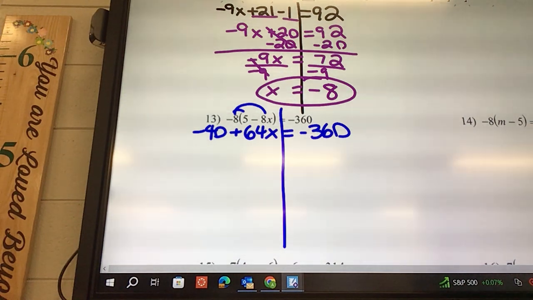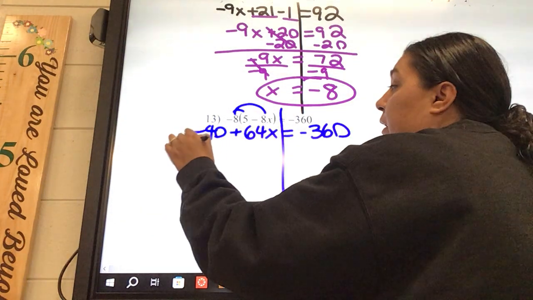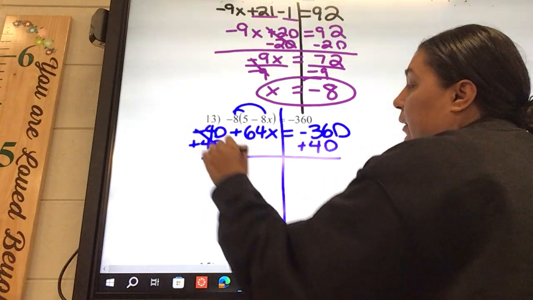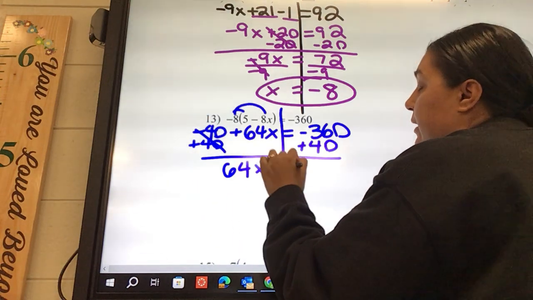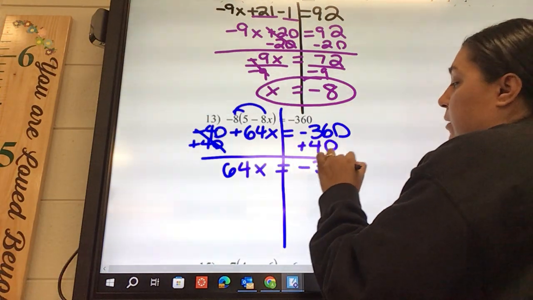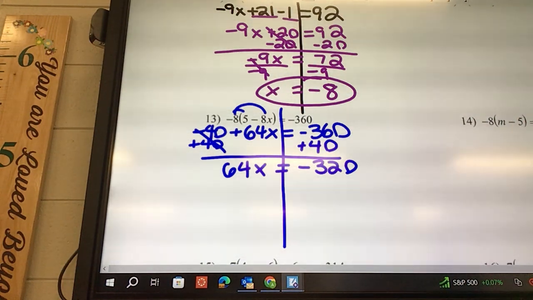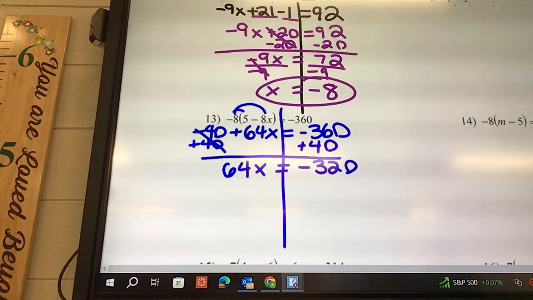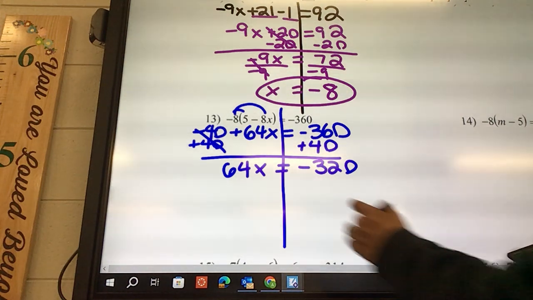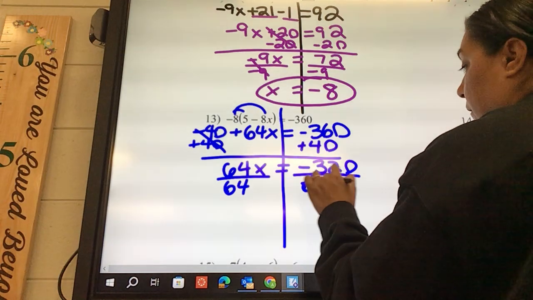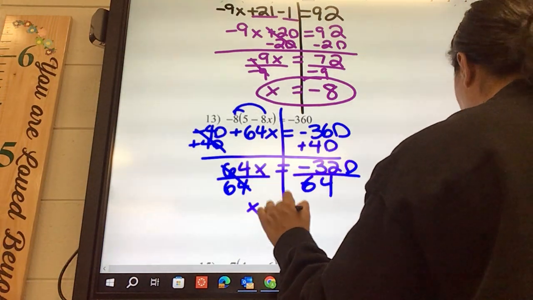However, the 40 is the kid, so we're going to say plus 40, plus 40. So I'm going to get 64x equals negative 320. And then we're going to divide by 64. So I get negative 5.